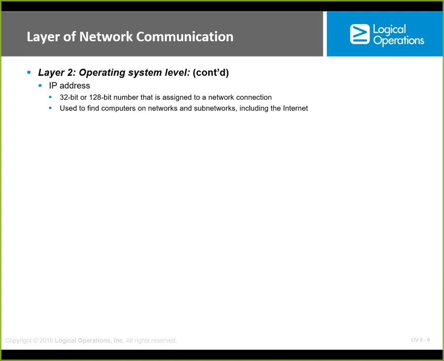Or 128 bits. 32 bits is an IPv4 address, 128 bits is going to be an IPv6 address, which has a tremendous number of addresses in it. We're going to look at the numbers of addresses in each of these here in just a couple of minutes. It's used to find computers on networks and subnetworks, including the internet. It actually is used to find networks.